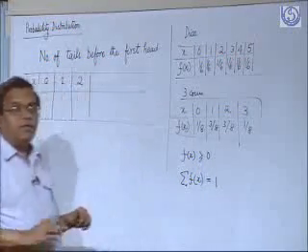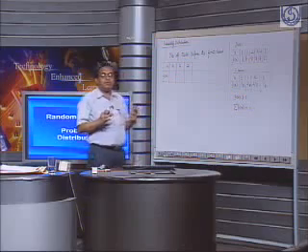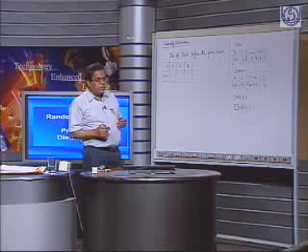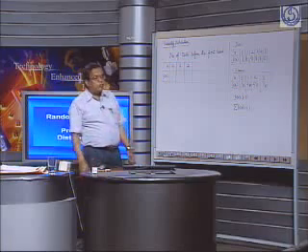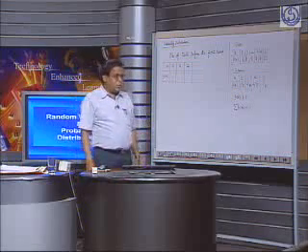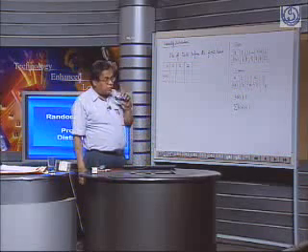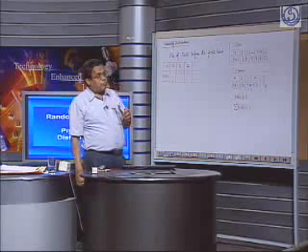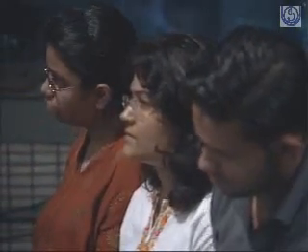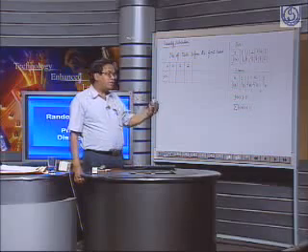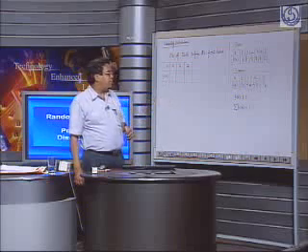This is again a very common question. You are given a probability distribution function and you will be asked to check whether it is a valid probability distribution function or not. For it being valid, every element should be greater than or equal to 0, and the sum total of each element should be equal to 1.